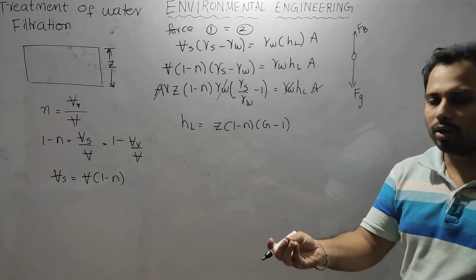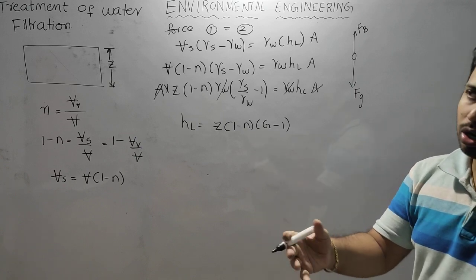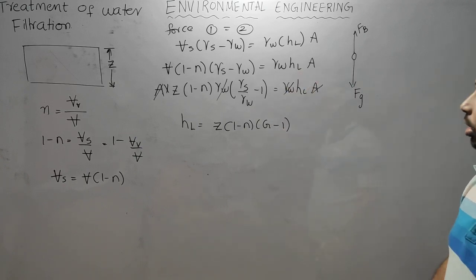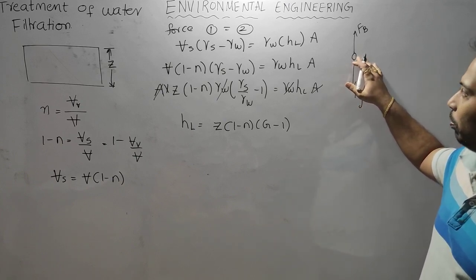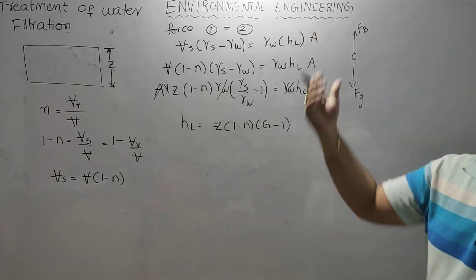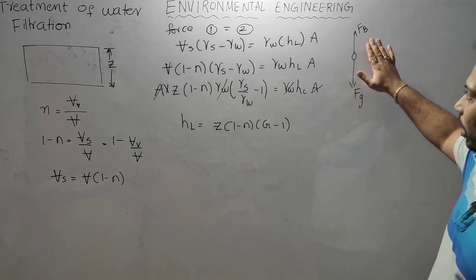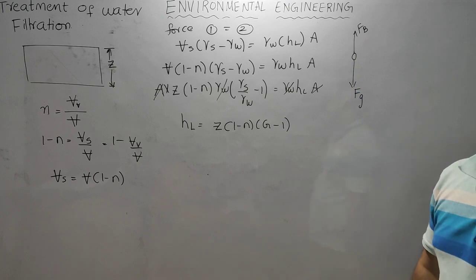Because of that buoyancy force, the ball is not moving downwards or going upwards, it is also in static mode, right? Here also our intention is to keep this particle in static mode, we don't want it to go away. So that is why this criteria will help the particle to sustain in the filter media.